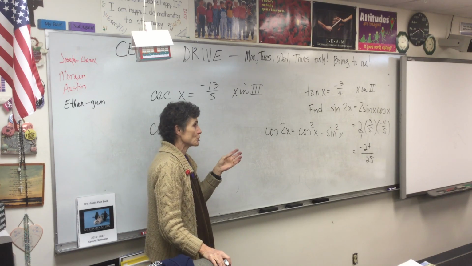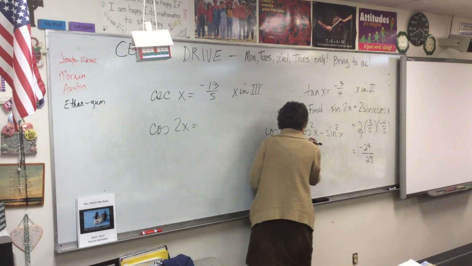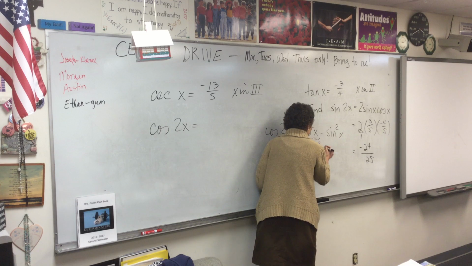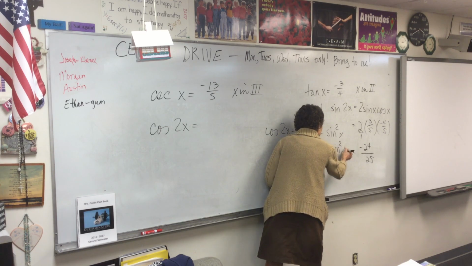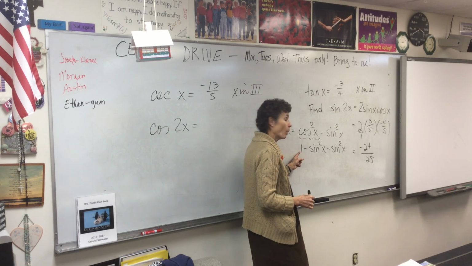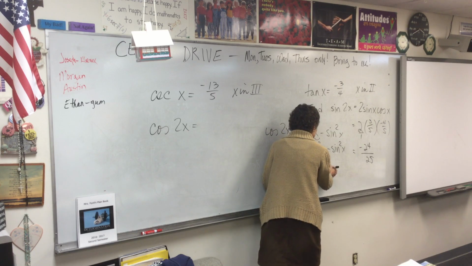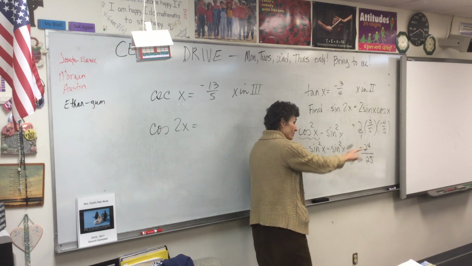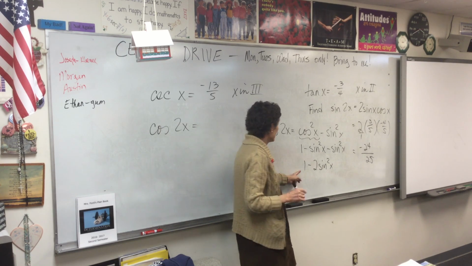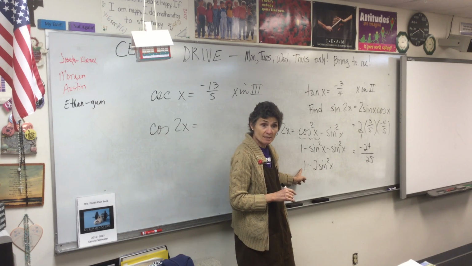Now, the other versions, you already know where they came from. Cosine squared can be written as 1 minus sine squared, right? So if you changed your cosine squared into 1 minus sine squared, you'd have 1 minus 2 sine squared. Isn't that another one of the formulas for the cosine of 2x? And it was found by simply changing cosine squared into 1 minus sine squared.